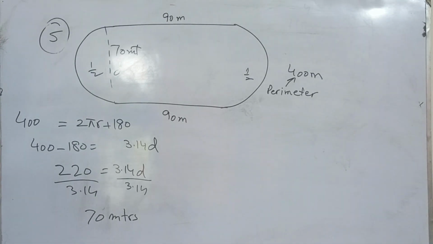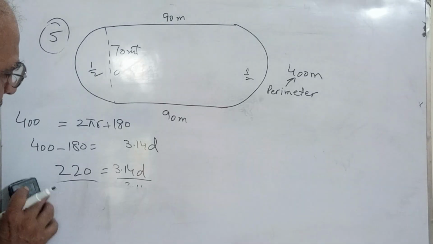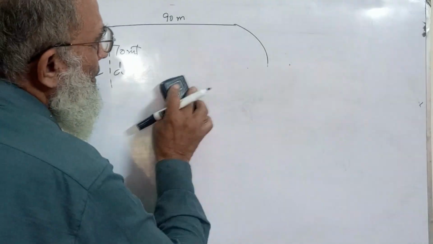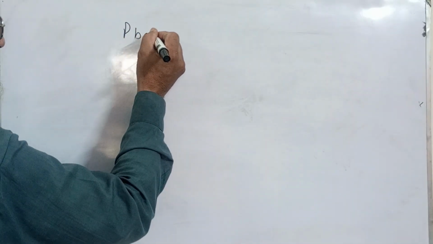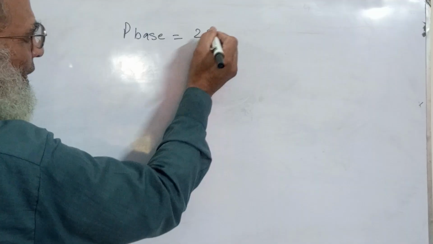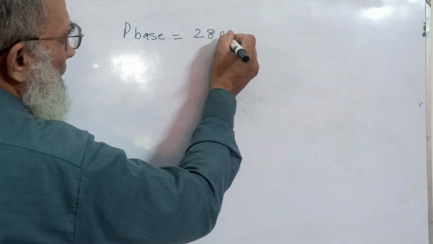Next question. Understood this? The next question is: Goro rolls pizza dough into a single circular pizza base of 28 centimeters.